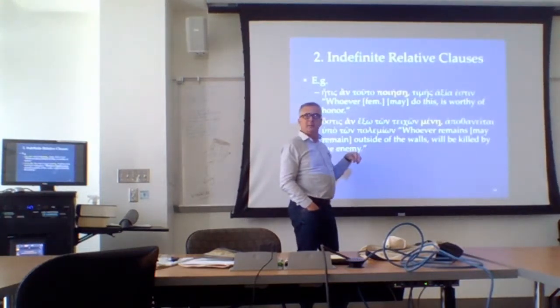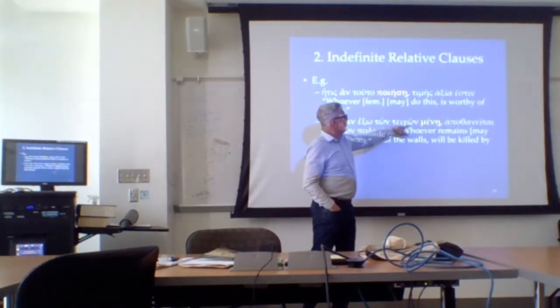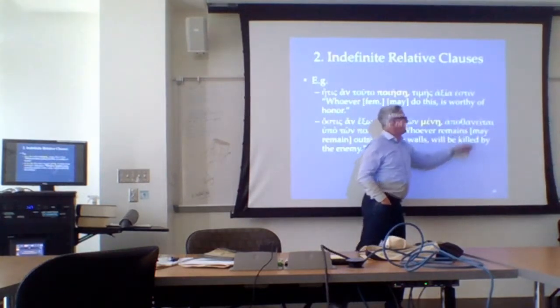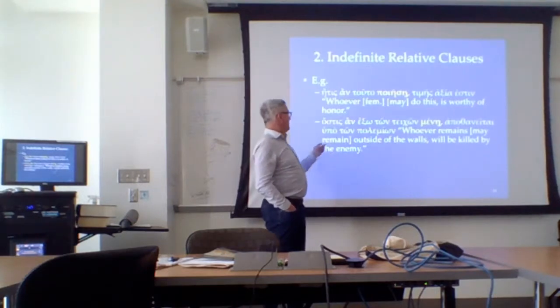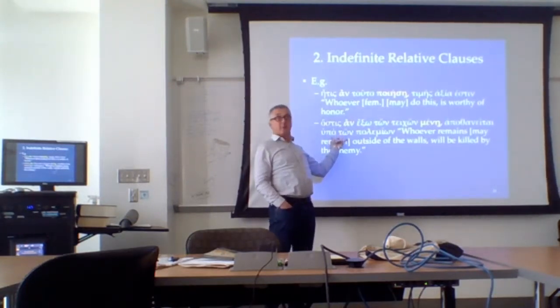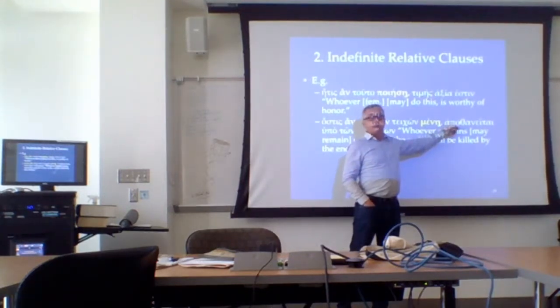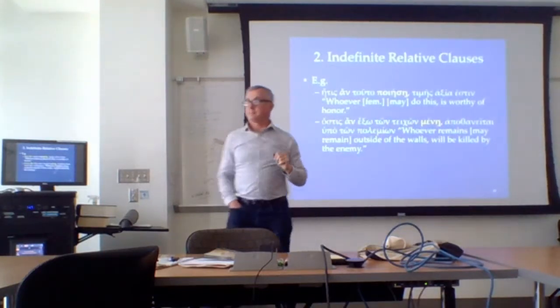Meno can mean to remain. Remains outside of the walls, will be killed by the enemy. Notice that's a good example of an agent expressed with a genitive plus hypo. That is, will be killed.